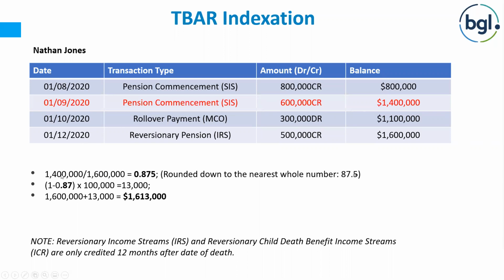Hopefully that made sense. In terms of the calc, it's similar to Sharon. We work off the 1.4, get the whole number, truncate it, and then 1 minus that figure. And in this particular scenario, Nathan only gets 13K of the 100K increment or indexation.